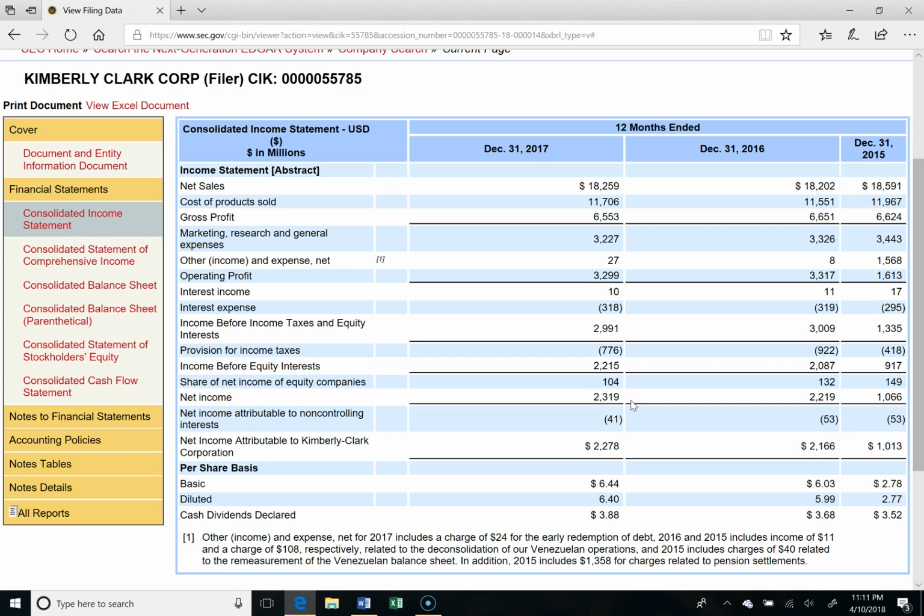Just keep in mind that sometimes firms will report other revenues and other gains below gross profit, which can be considered additions to revenue account or offsets to those expenses shown in the income statement. Question 1C asks you to find operating income. Operating income is frequently reported as a line item on the income statement, sometimes directly as operating income or operating profit as you see here, and sometimes as earnings before interest and taxes.